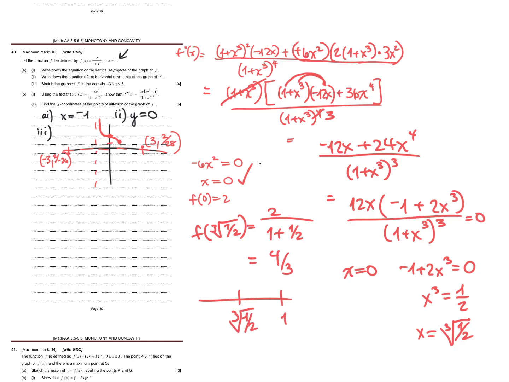So if we check 1 and 0 into the second derivative, we're going to have a positive on the bottom. So for 0, we're going to have a positive, and then up top, okay, so we can't plug in 0.